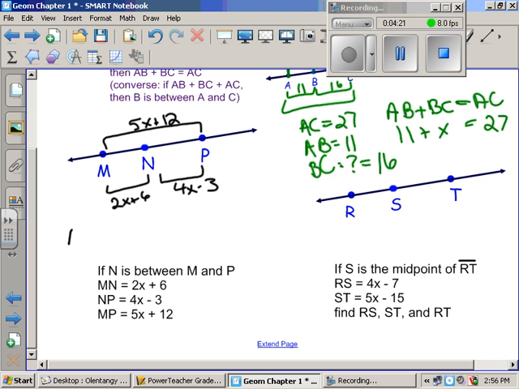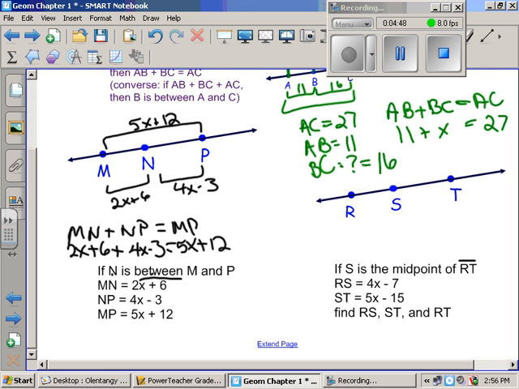So again, because N is between M and P, we know that MN plus NP is equal to MP. So then I just fill in equations instead of numbers. So 2x plus 6 plus 4x minus 3 is equal to 5x plus 12.